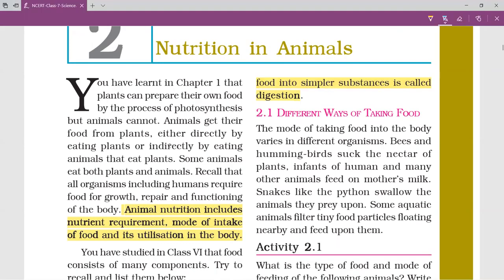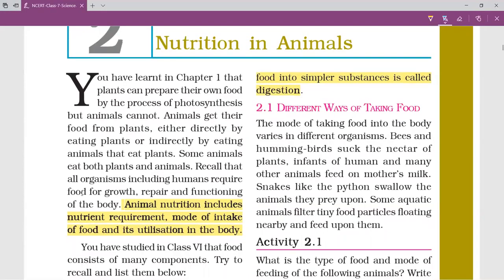Everyone knows we need food for growth, for repair of the body, and for proper functioning of the body. Here you will see animal nutrition, which includes nutrient requirement. First we need nutrients to be taken. Then the mode of intake of food, which is different in different animals.